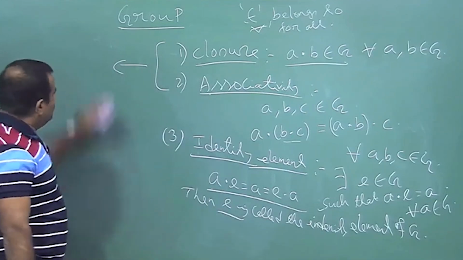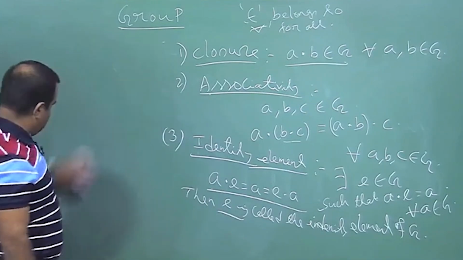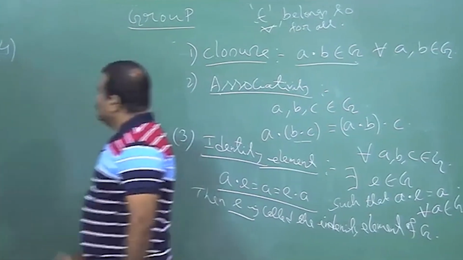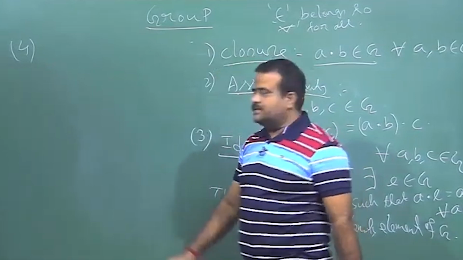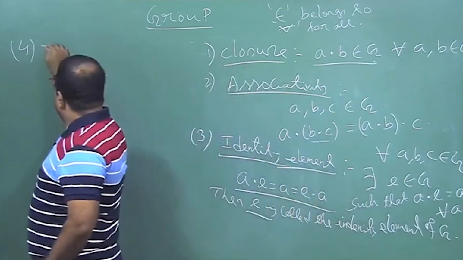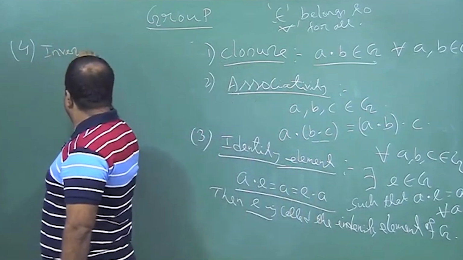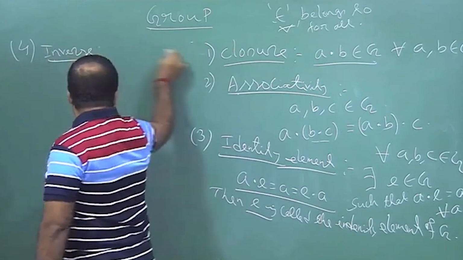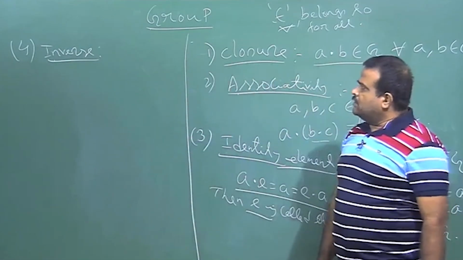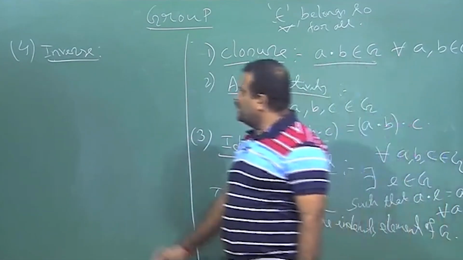And the last property for a group, property number 4, is the existence of inverse. Each element should have an inverse. So, what do we mean by inverse?